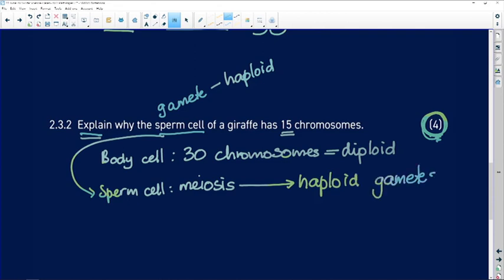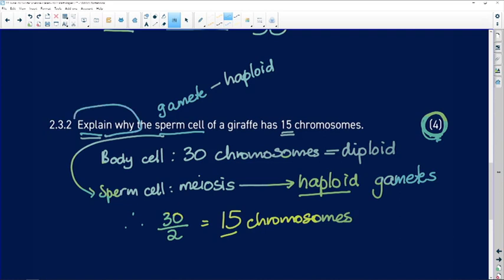And haploid means it has half the number of chromosomes, therefore 30 divided by 2 equals 15 chromosomes. And our explanation now not only says that there are 15 chromosomes, but it's explained why. That at the end of meiosis, and the meiosis was used to produce the gamete or the sperm cell, we have a haploid chromosome number. So we've unpacked our answer.